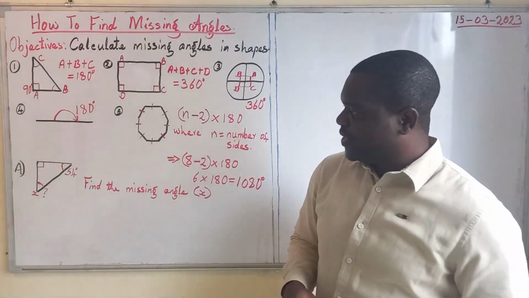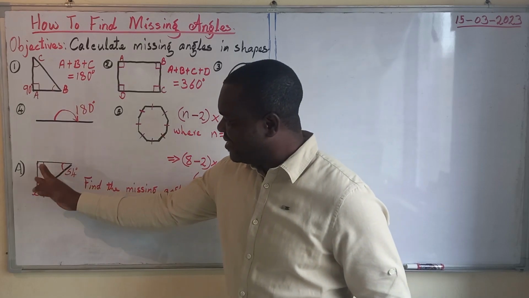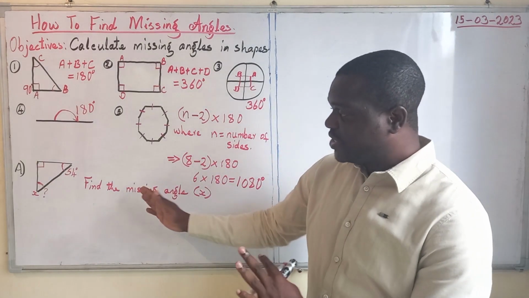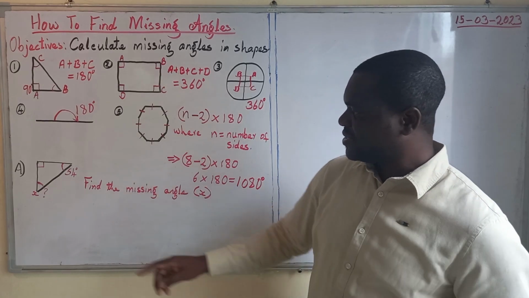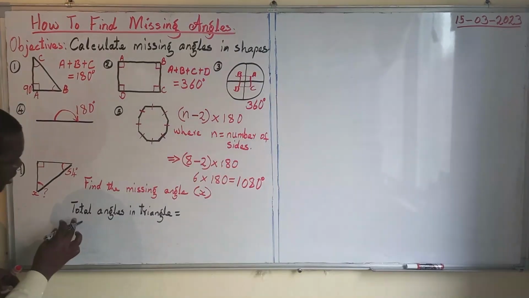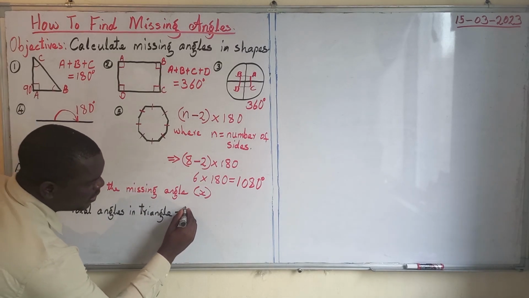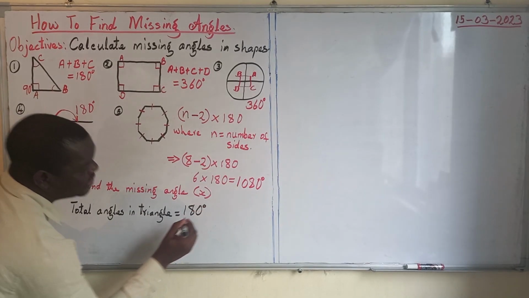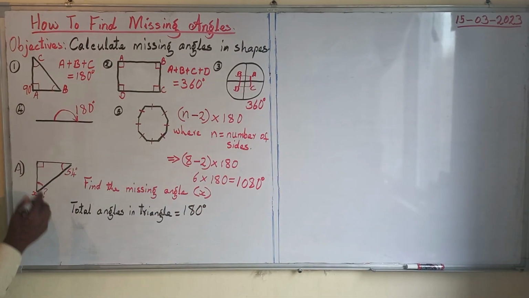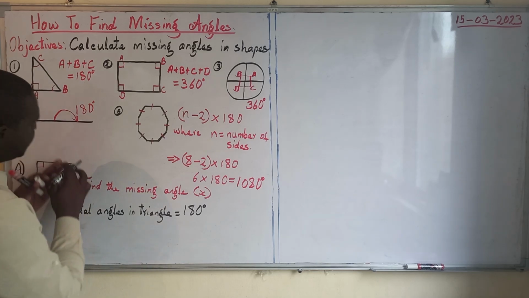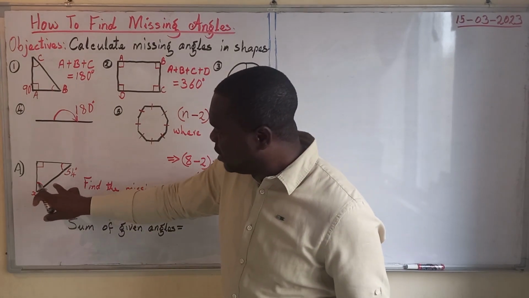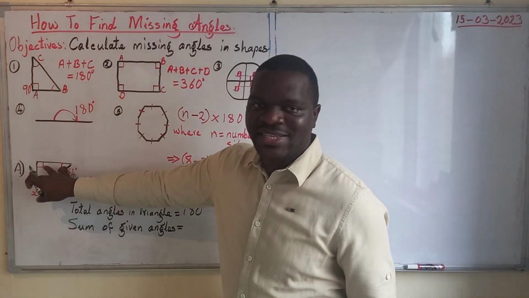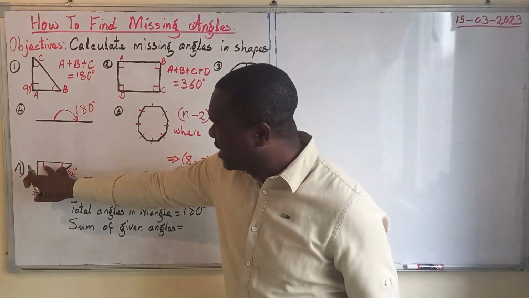This is our first question, and this is a right triangle. The question is, find the missing angle, x. This is x. Total angles in the triangle will be 180. The next thing we have to do here is to identify the sum of given angles. And this is where the trick is. They've given one angle, and one angle is here, and this angle is a right angle.